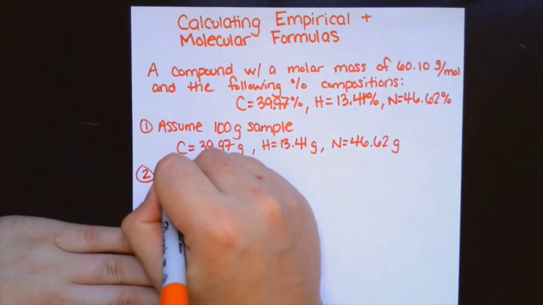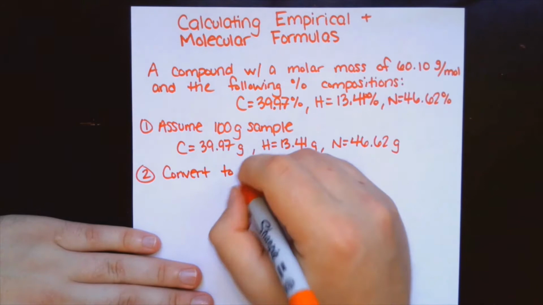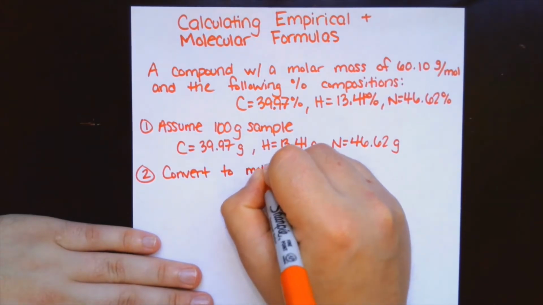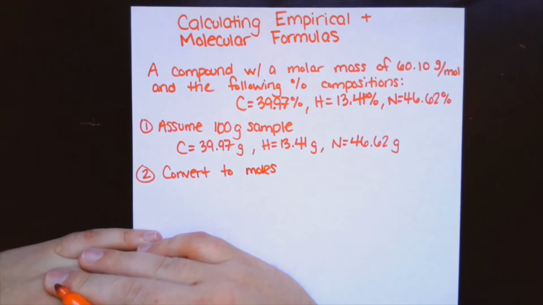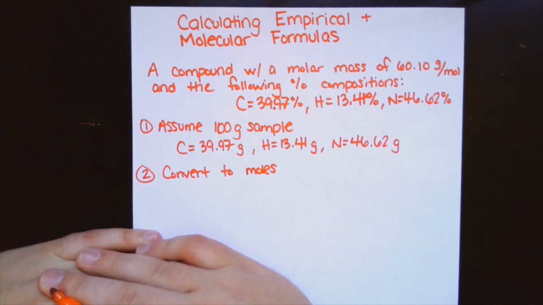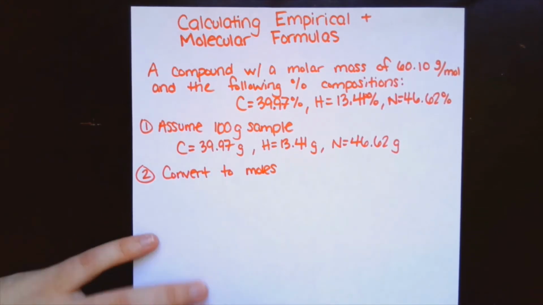Alright, so in the second step, we now have to convert that to moles. That's actually why we got it into grams, because we need to figure out the mole-to-mole ratios. If you recall, the subscripts for all the atoms in a molecule just tell you the mole-to-mole ratios of each atom within that molecule. And that's basically what we need to figure out in order to figure out the molecular formula. So we had to get these into moles, and that's what we're going to do now.